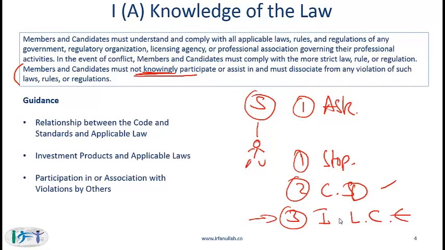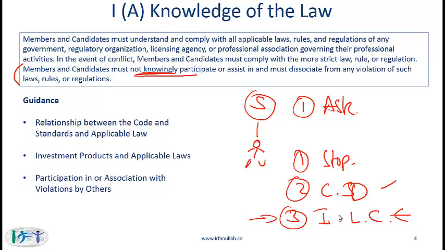The answer is that CFA Institute encourages you to report violations, although the code and standards do not compel you or require you to do so. Also, the CFA Institute does not require that you report violations to the government or the regulatory authority unless mandatory under applicable law.